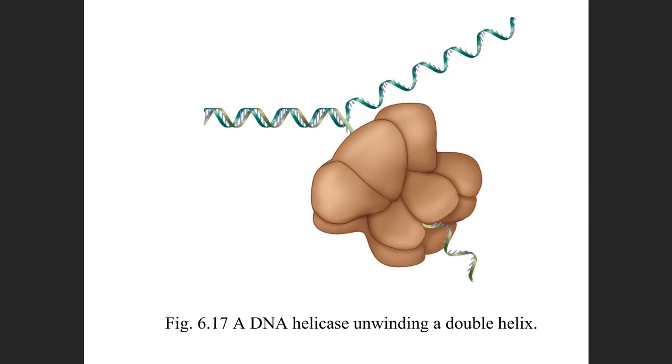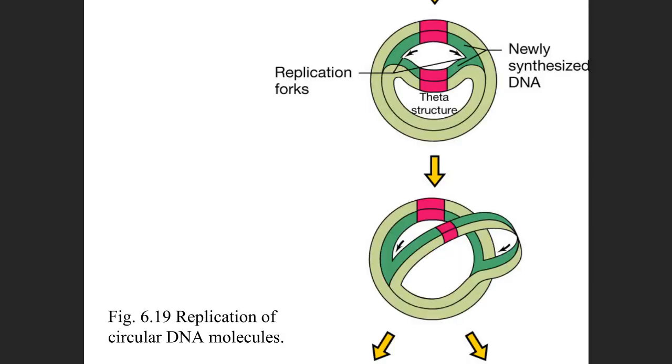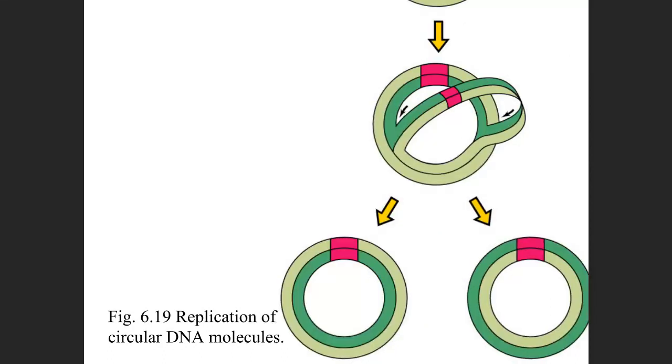The helicase does that job of unzipping the DNA. So for a circular DNA, you separate and replicate at the same time, until it's completely separated and the two are completely replicated.